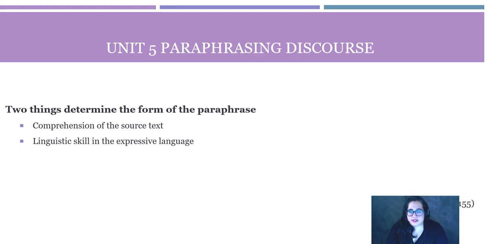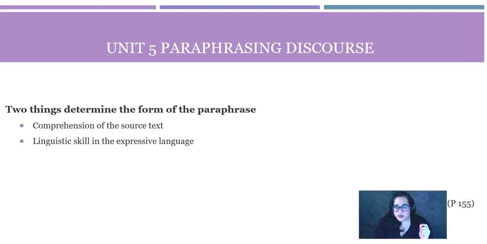So there's two things that determine the form of the paraphrase. You have to have comprehension of the source text, which in our class very basically means you must have reached a certain level of ASL skills in order to comprehend the message so that you can first understand it and process it.